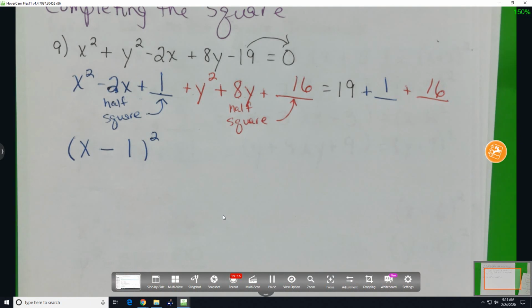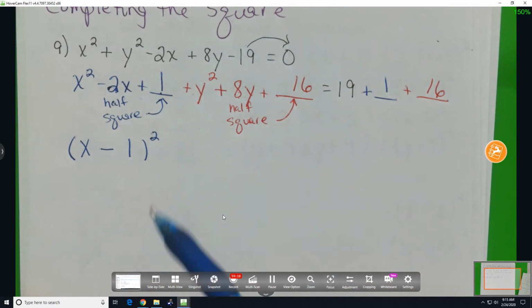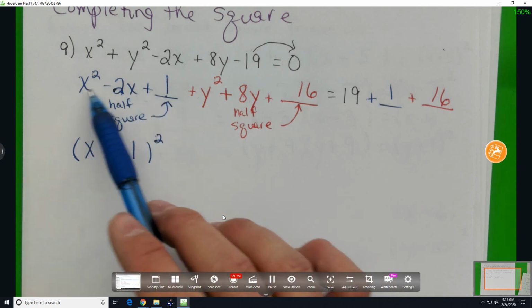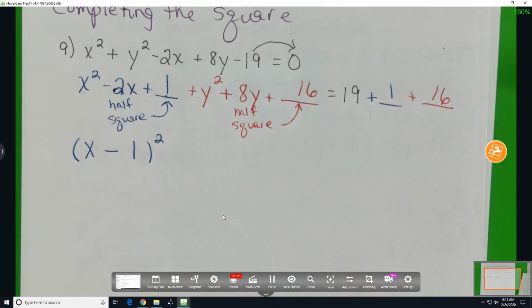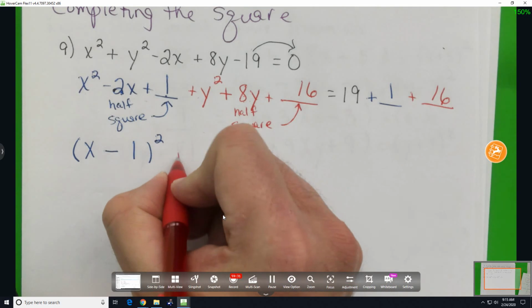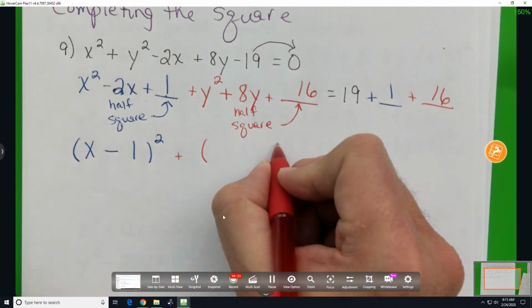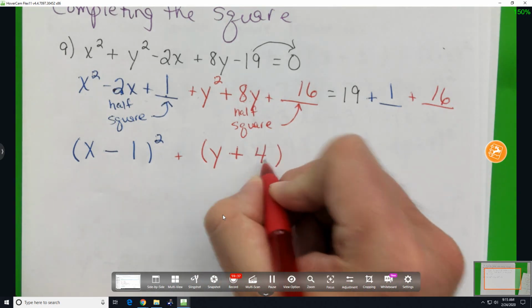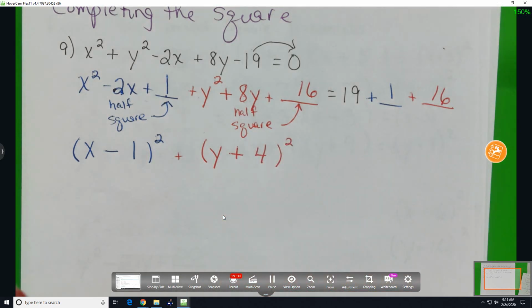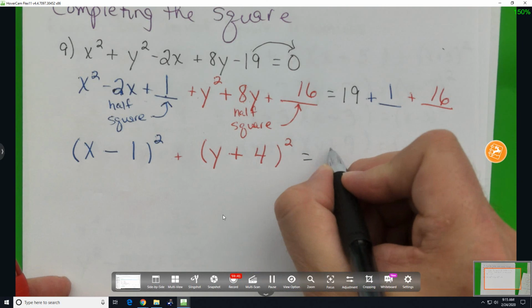X minus 1 times x minus 1 is how you would factor x squared minus 2x plus 1. Y'all caught up? What about the red ones? What am I going to write here? Y plus 4 squared equals 36.